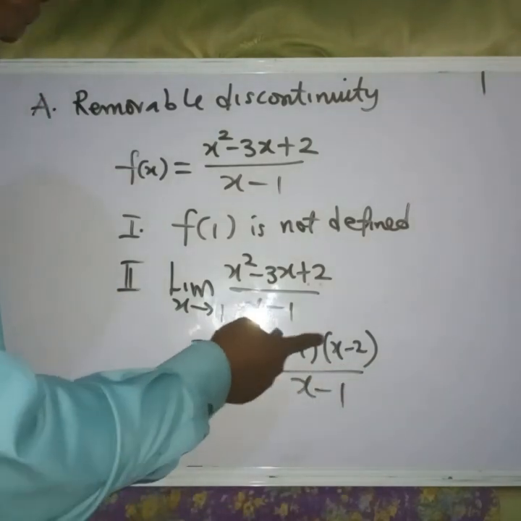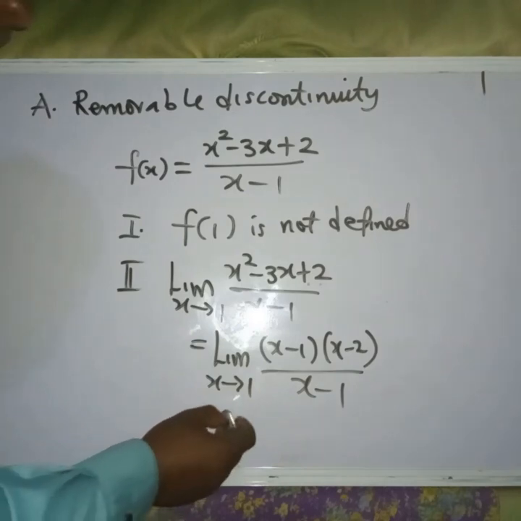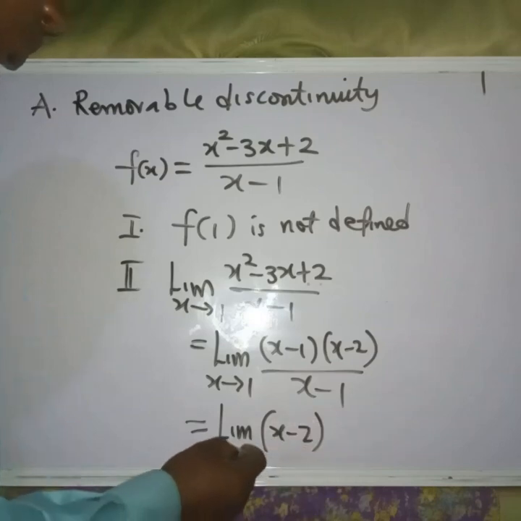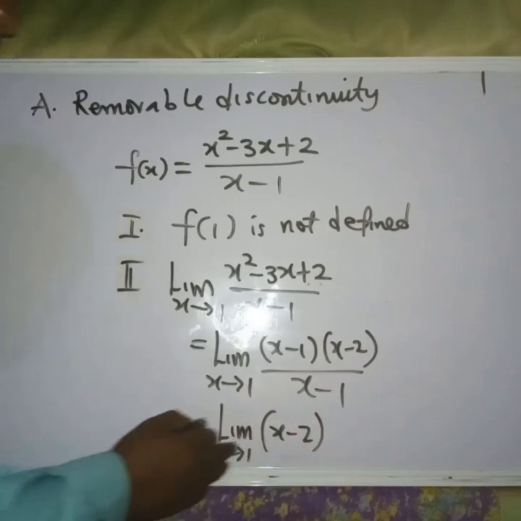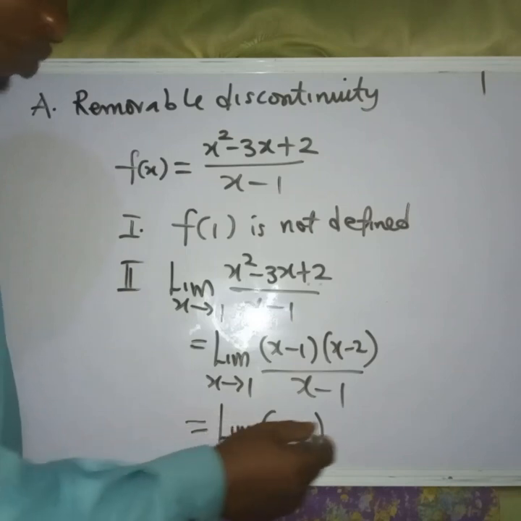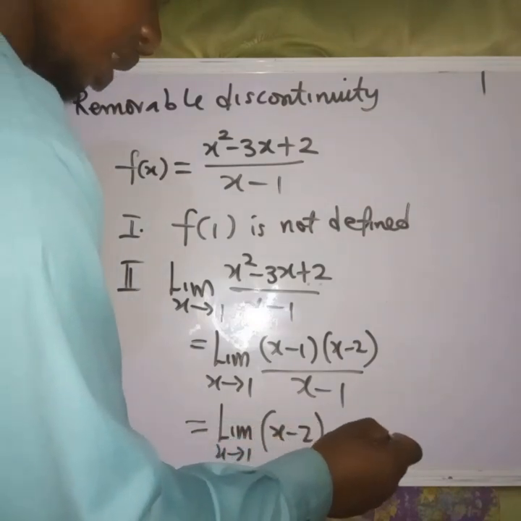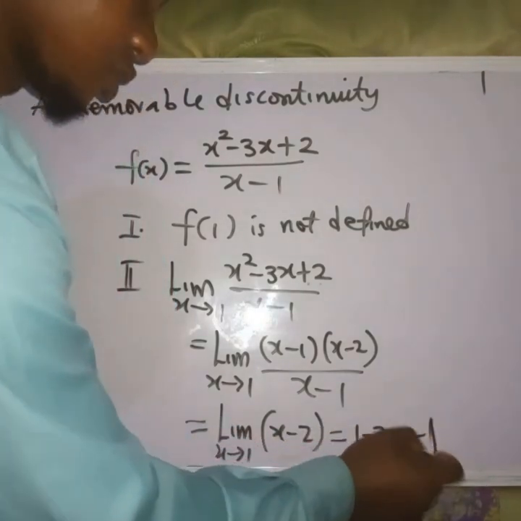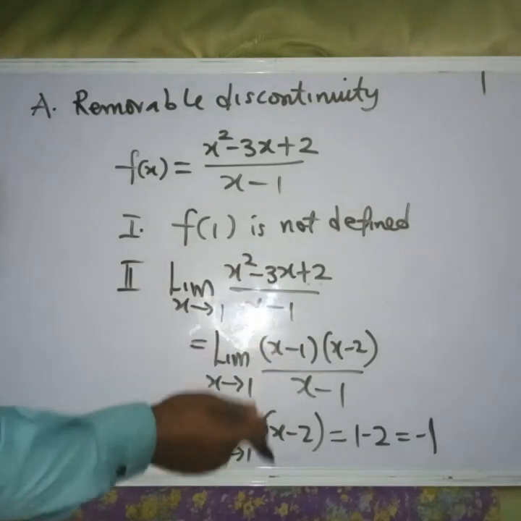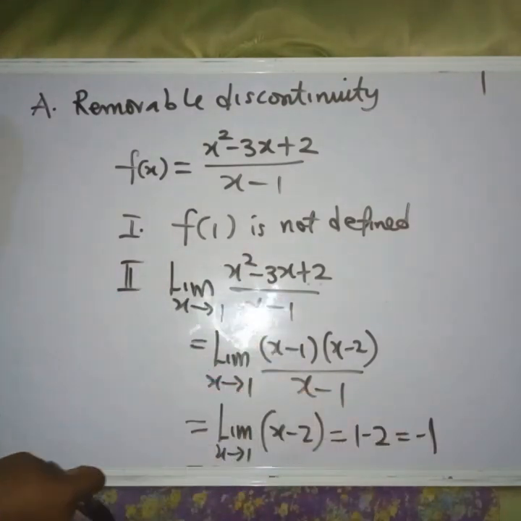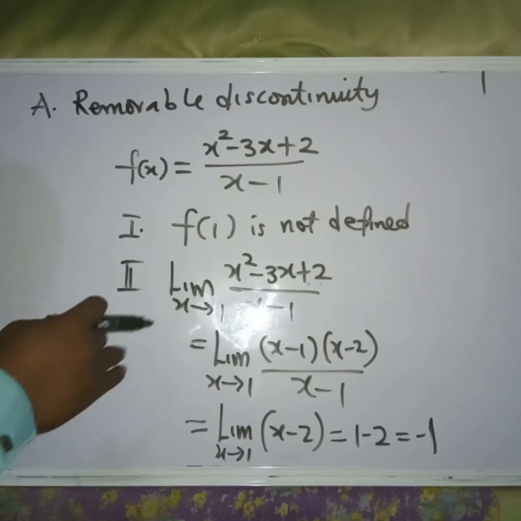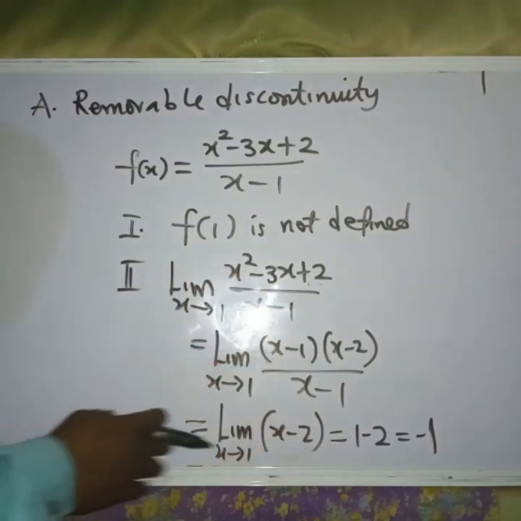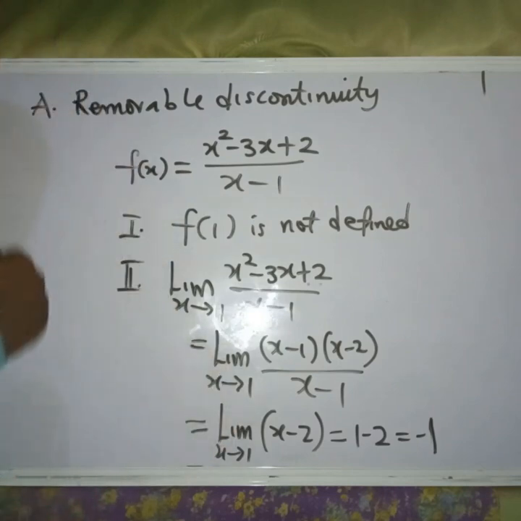Here x minus 1 is cancelled out, and we are left with the limit of x minus 2. When x tends to 1, the limit is negative 1. So after defining the function, we find that the limit exists, because we have been able to remove the point of discontinuity at condition 2.